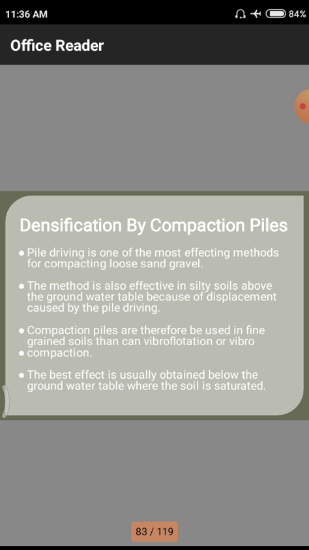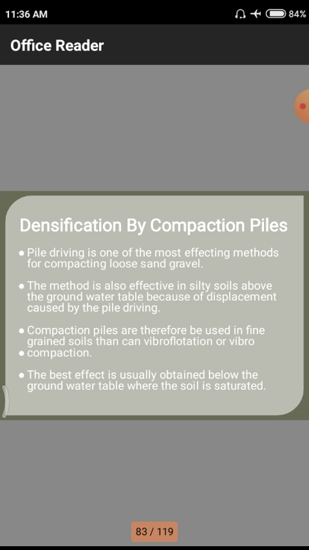Next, compaction piles are used in fine grained soils, through vibration or vibro compaction. That means compaction piles are mainly used in fine grained soils, not in coarse grained soils. Why? Because in coarse grained soils we use sand drains and similar principles, such as stone columns, to remove the water content.